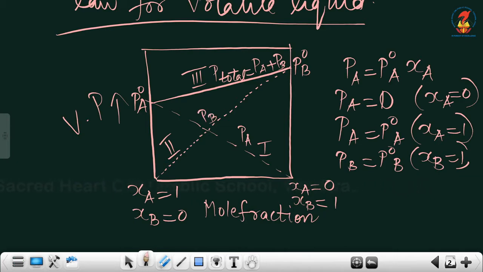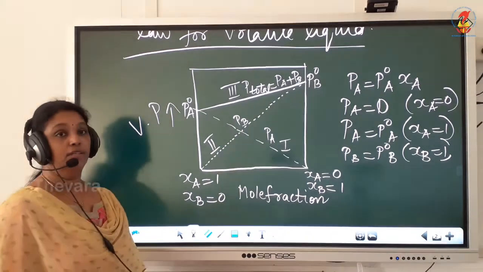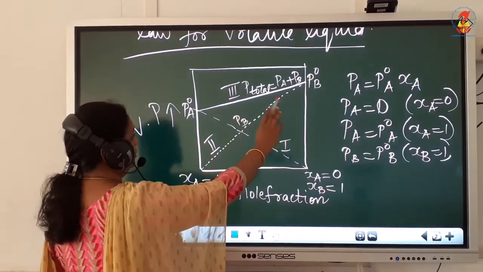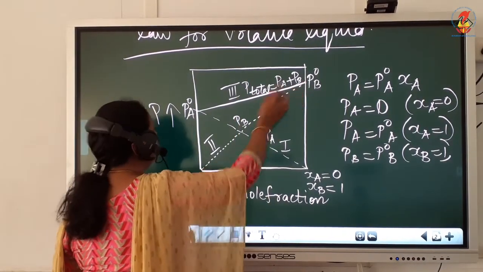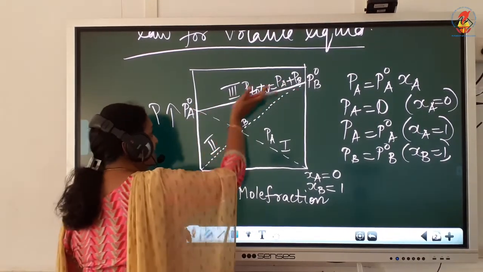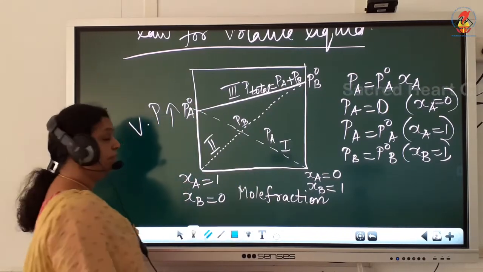This line number 2 is PB, and line number 3 represents the total pressure, given by PA plus PB. You can see in the graph that the maximum value of total vapor pressure, P total, is P0B and the minimum value is P0A. You can see this is a slanted line.